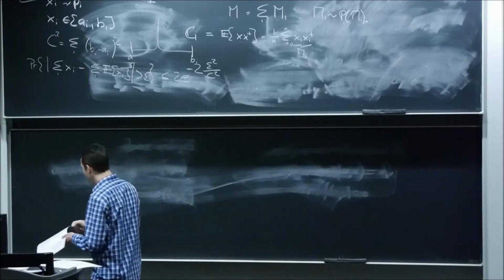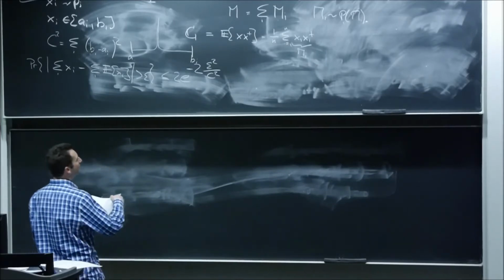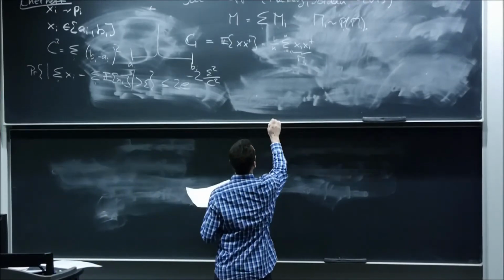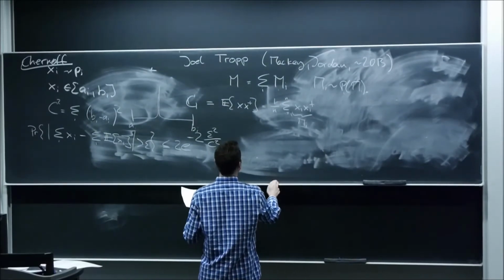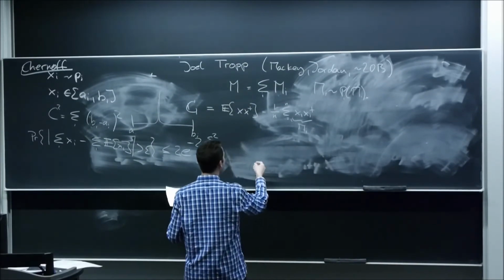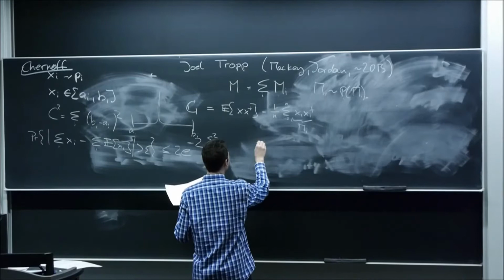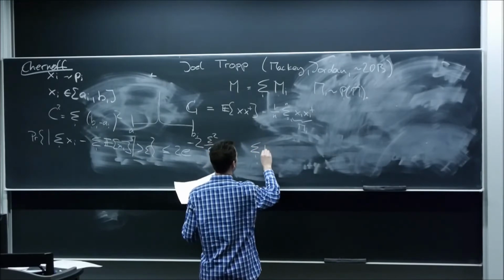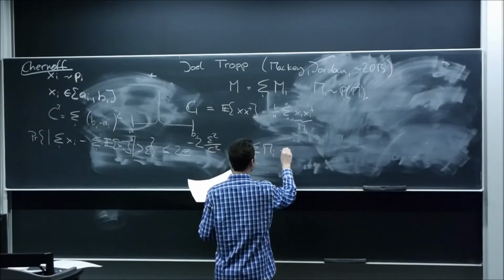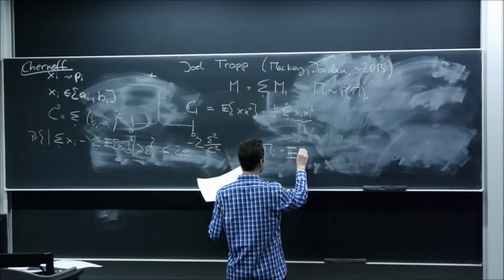So basically what I'd be interested in this case up here is to look at the difference between the sum over i of Mi minus their expectations.